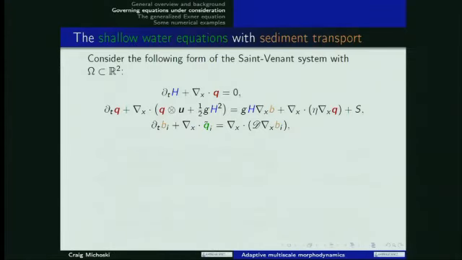So what kind of governing equations are we looking at? This seems like a big problem, right? We take the standard extension of the one-dimensional shallow water equations to the two-dimensional form, which some people call the standard two-dimensional shallow water equations. The first equation here is the conservation of mass. This is conservation of momentum. These two equations together are just the standard barotropic Navier-Stokes equations, except that you have an additional so-called non-conservative product.